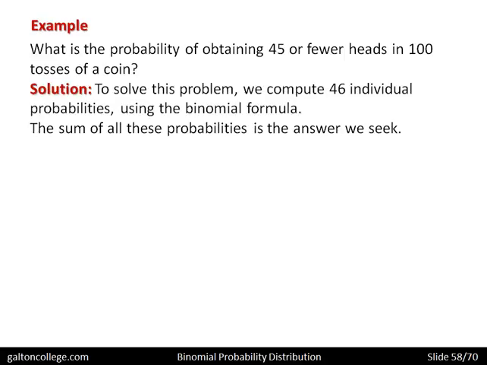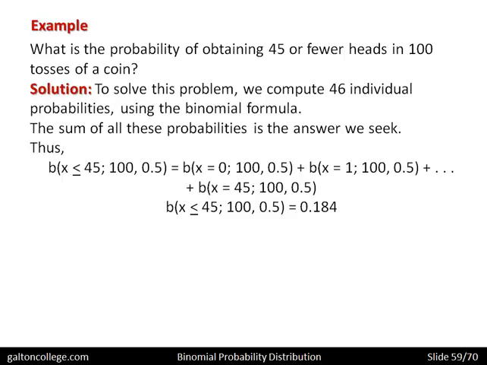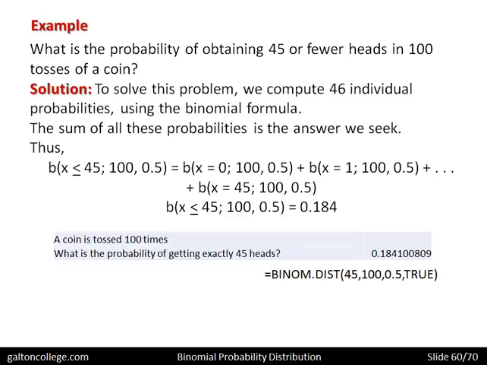The sum of these probabilities is the answer we seek, and add it up so it becomes 0.184. So the probability of getting something in that range is 0.184.